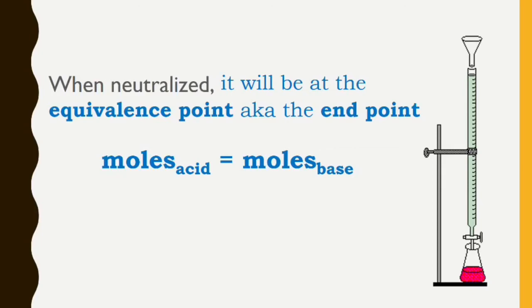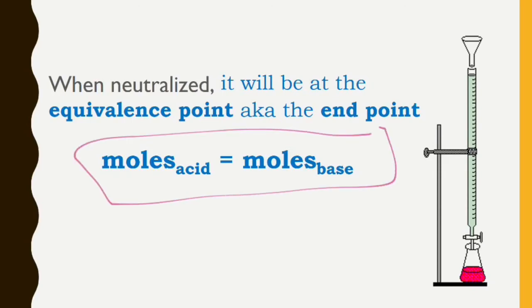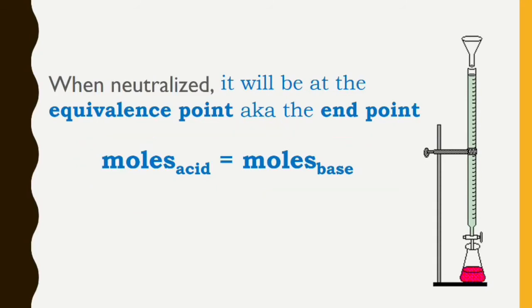So when we call this an equivalence point, it's because our moles of our acid and moles of our base are equal to each other. So this is what we're going to come back to and use to help us set up and solve all of our calculations there on page 14. We have a little bit more to talk about here before we get there.